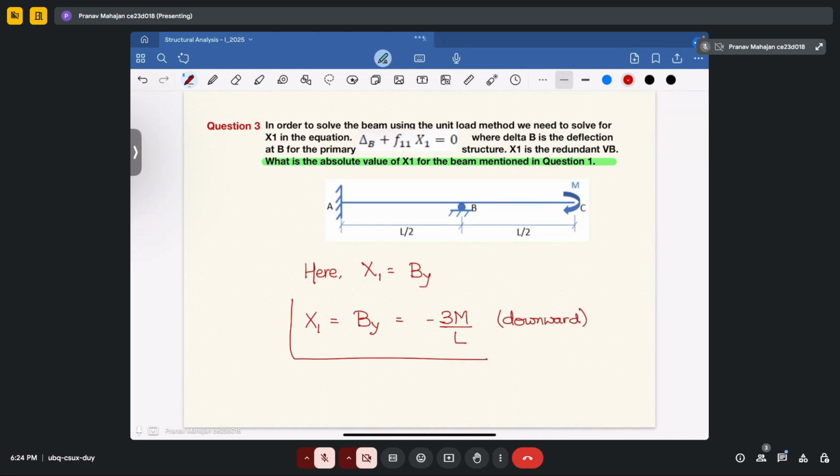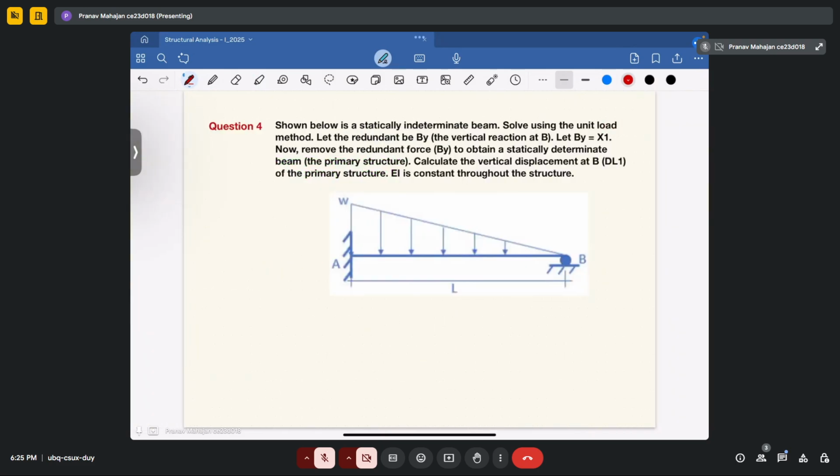Fine. So this is your final answer related to indeterminate beams. Okay, so let's solve another problem. I think the next problem will be a different one.